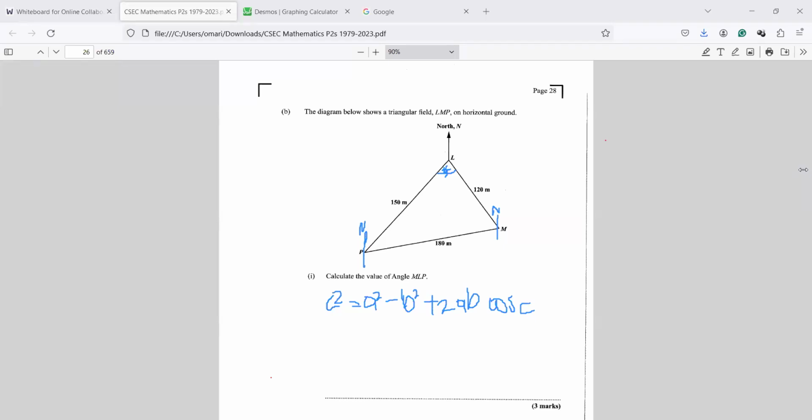Some of them are usually given at the front of your exam paper, but not all. So please ensure that you know the formulas in advance, so whether they're given to you or not, you still have an idea of what you should be using for each question. Let me know, guys, if this formula is correct or not.